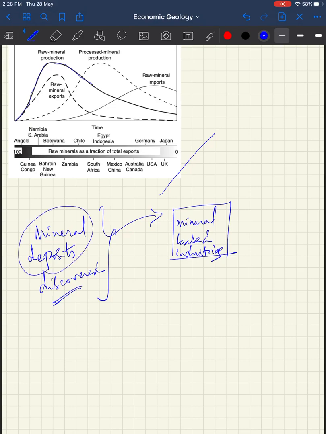As the mineral deposits dwindle, the mineral based industries which were dependent on these mineral deposits need to be fulfilled with raw materials, and the raw materials for these mineral based industries have to be imported from those countries which have sufficient mineral deposits. Profits from these exports are used to build an industrial infrastructure initially. Sorry for that, just a second.